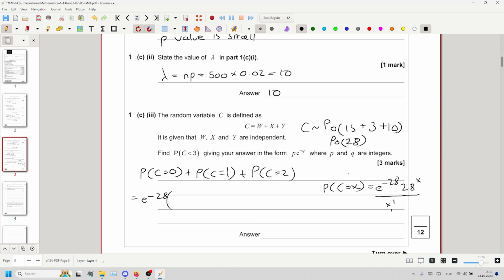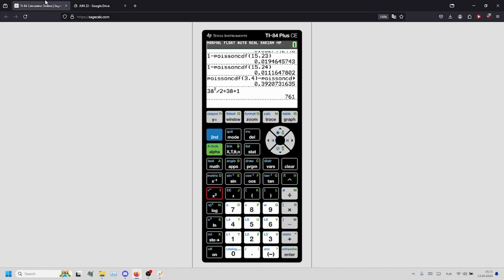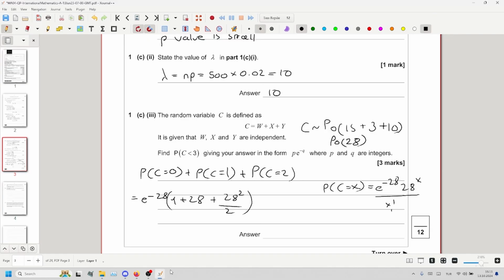So it's going to be 28 to the 0 divided by 0 factorial. That's 1 divided by 1, so it's 1. And then we have 28 divided by 1 factorial, so that's just 28. And then we have 28 squared divided by 2 factorial, or just 2. You can quickly put this into the calculator. So that's going to be 1 plus 28 plus 28 squared divided by 2. That's 421. So our answer is going to be 421 times e to the negative 28.